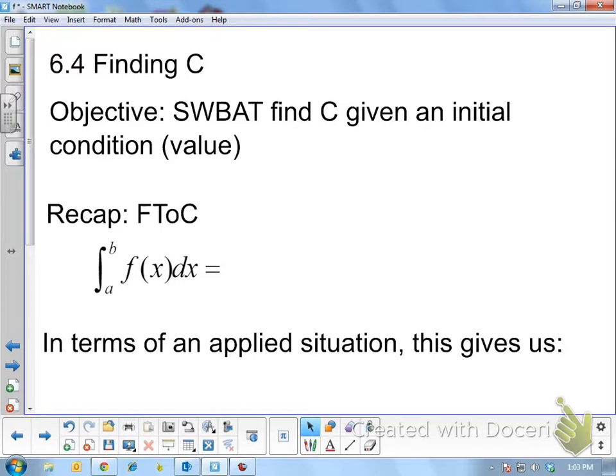So just to recap, because we didn't get a full talk about the fundamental theorem of calculus and we didn't record it, now it will be recorded. If we have the integral from a to b of f of x dx, what did the fundamental theorem of calculus state?